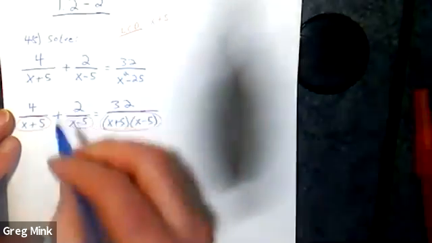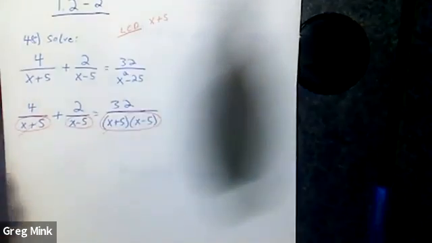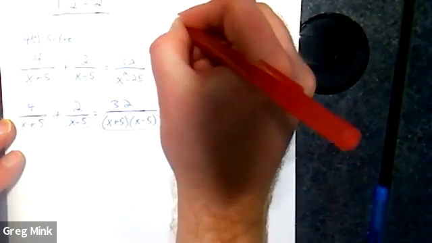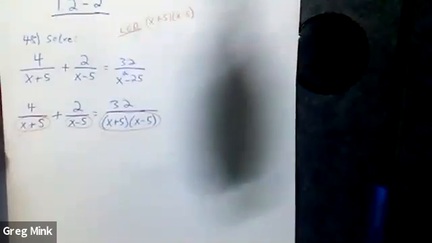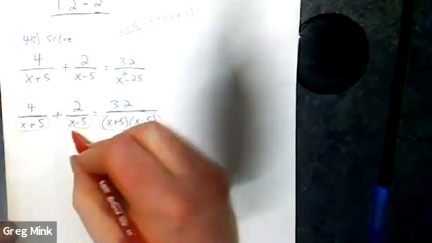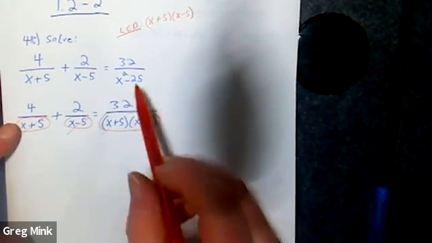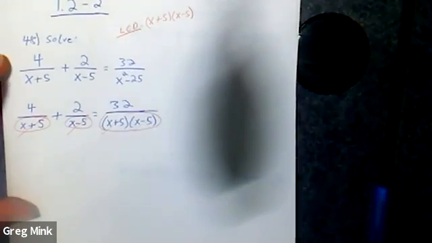That took care of this one and this one. These are accounted for, but I also have these x minus 5, so I have to include that in my LCD. That is my LCD, x plus 5 times x minus 5. I've now accounted for the x minus 5s. I know it's the same as x squared minus 25 right here, but there's a reason we want it factored.